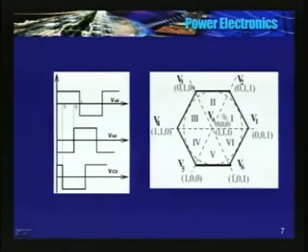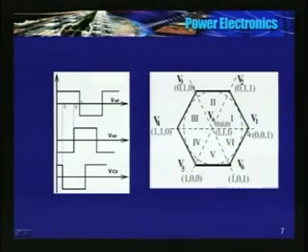And for 0, 1, 0, the vector is making 120 degrees and so on. Because all the sides are of magnitude VDC, I can join them, so I get a hexagon.